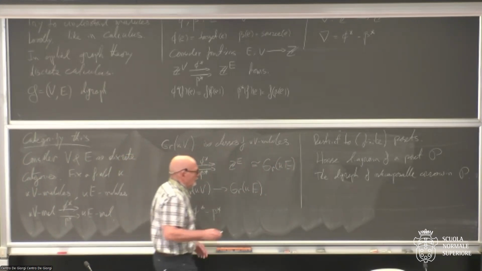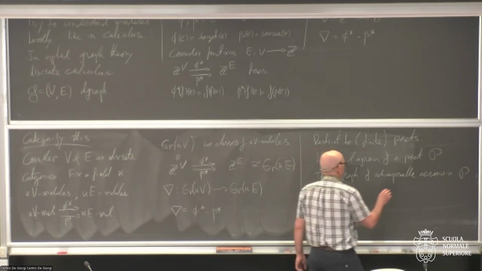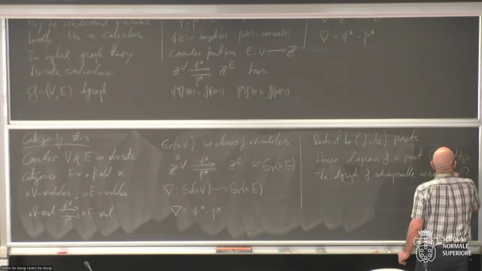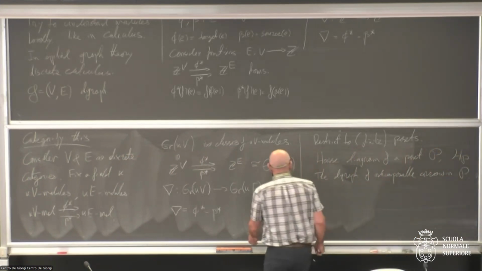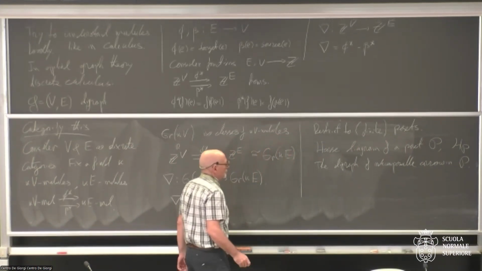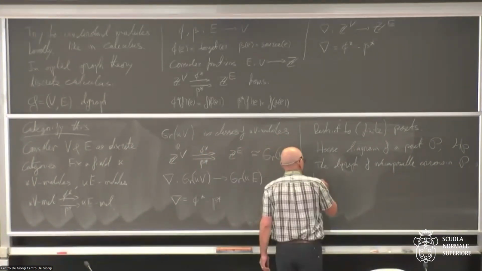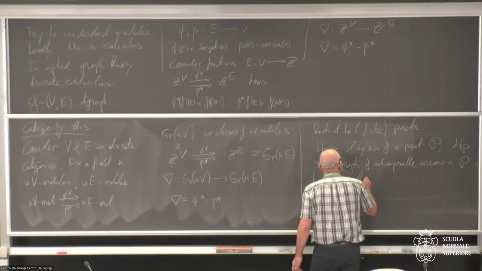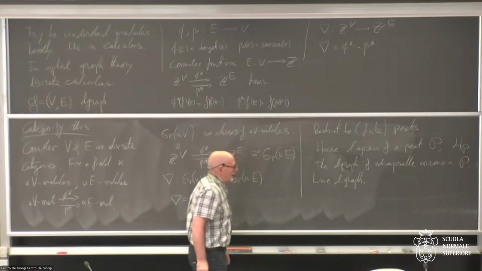Okay, so I'm going to denote it by Hasse diagram. We're going to call it HP. Okay, and right now another construction I need to introduce is what is called the line digraph. So what is the line digraph?